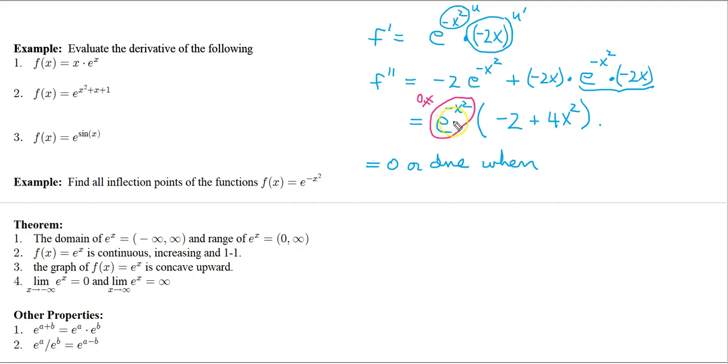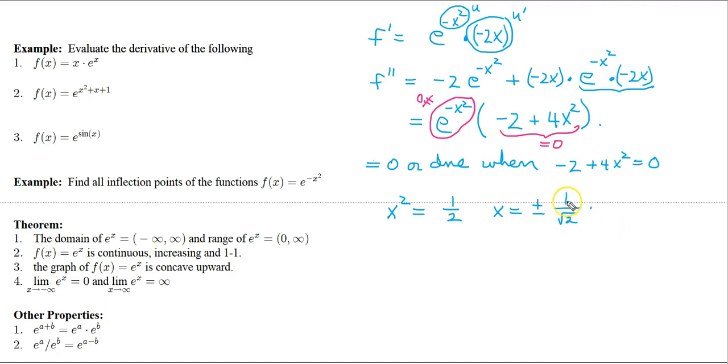So the only part we ever have to worry about equaling 0 is this piece right here. And so we have to set this equal to 0 and solve for x. And solving this for x, we get that. So you just take the 2 over, divide by 4, we get this. And so x is going to be plus or minus 1 over the square root of 2.